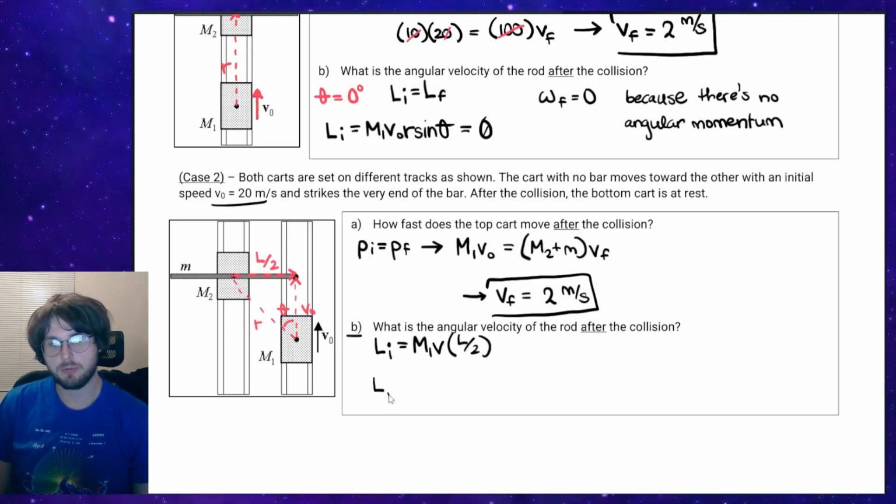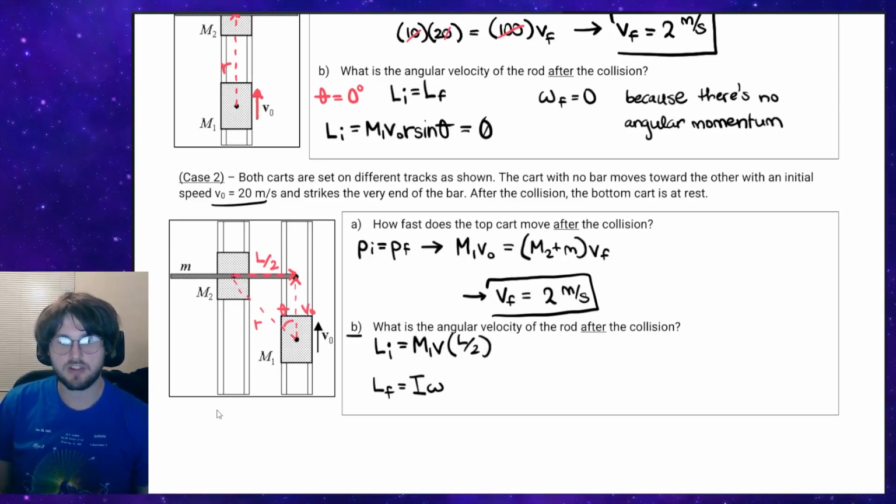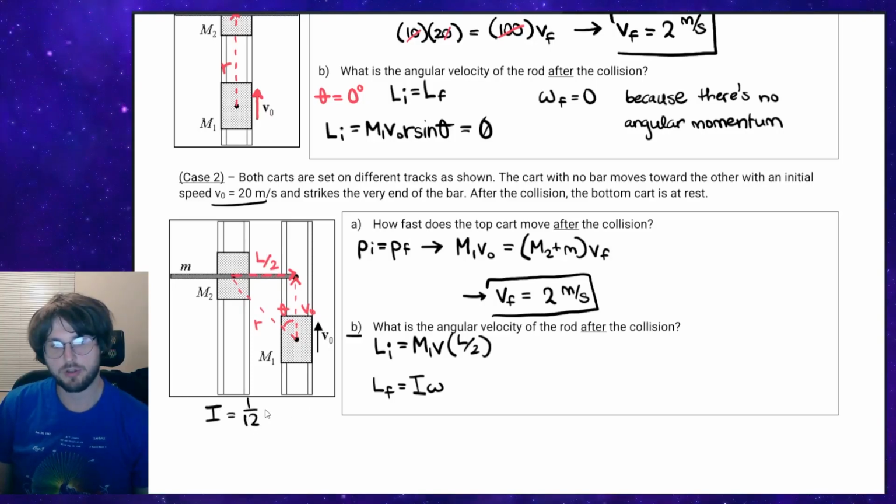Now our final momentum can be expressed as just the rotational inertia of the bar that will be spinning times the angular velocity that we're trying to solve for. The bar itself is a bar being rotated about its center, so that can be expressed as 1/12 times m times L squared.